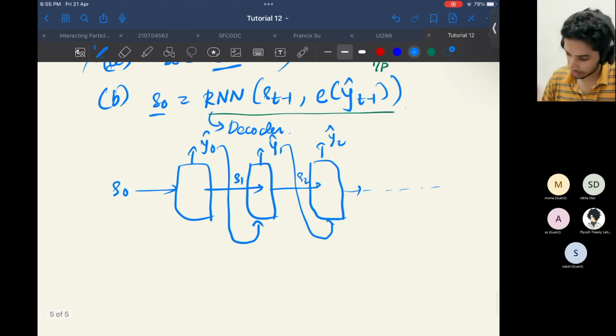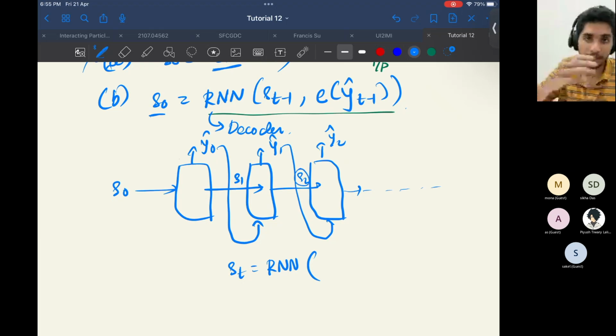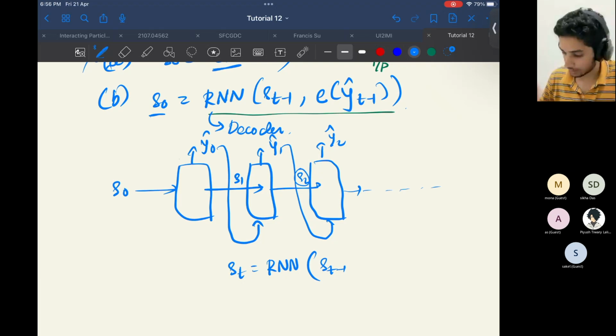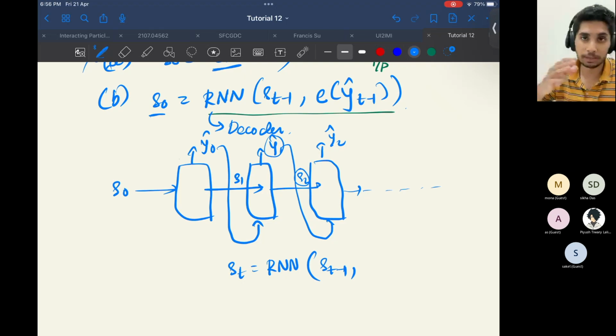Here you can see that S T is some RNN. RNN is your model. It is a function of whatever the previous activations were. So from the previous time step, you are getting some activation, which is S T minus 1, and you are also using the prediction from the previous time step to create your current activation.